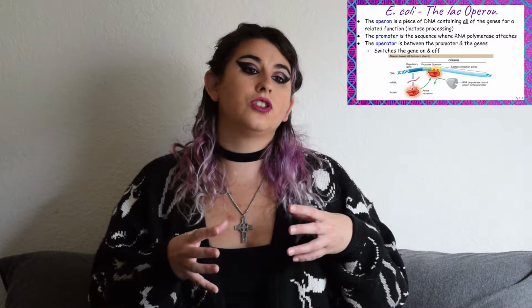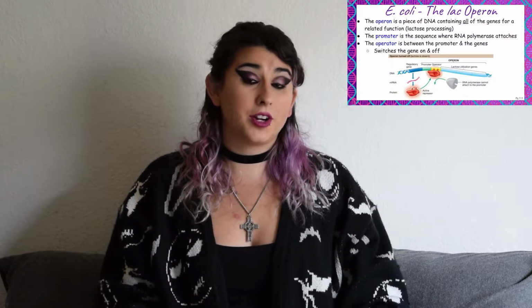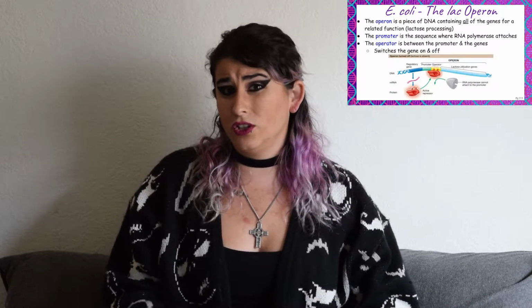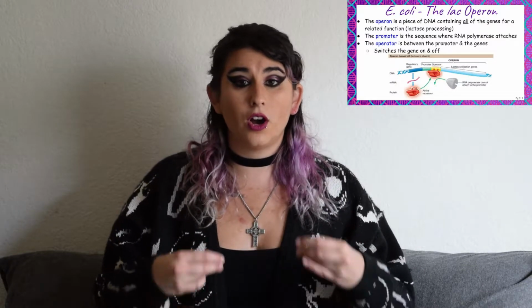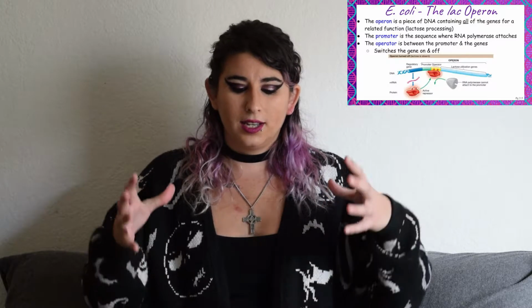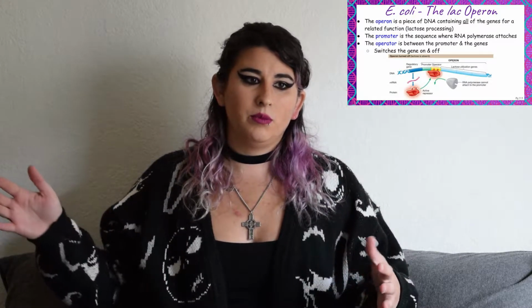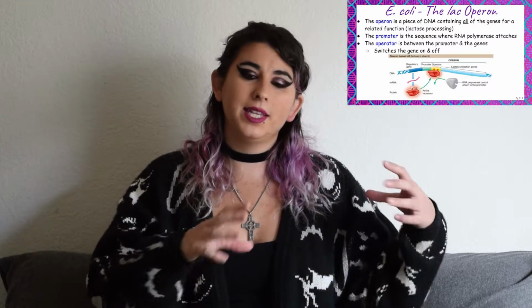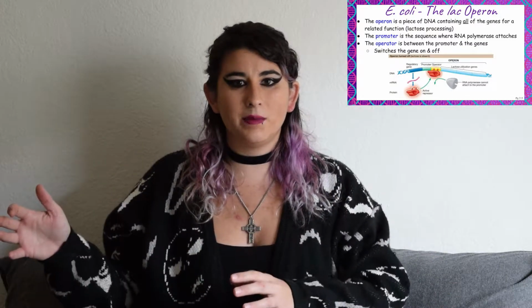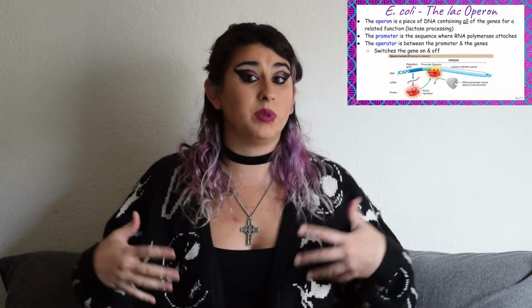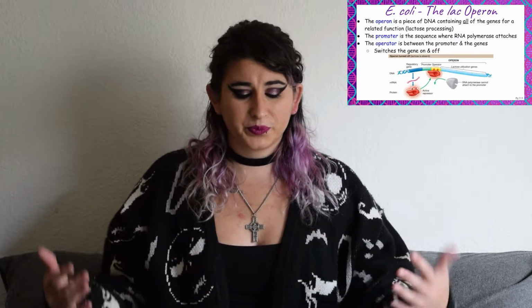Now, lactose is the sugar from dairy products like milk, so if you have E. coli hanging out in your gut and you drink a glass of milk, that E. coli needs to turn on this operon so that the genetic information that's contained on it can be moved from the DNA to RNA to the protein enzyme so that that lactose can then be processed.